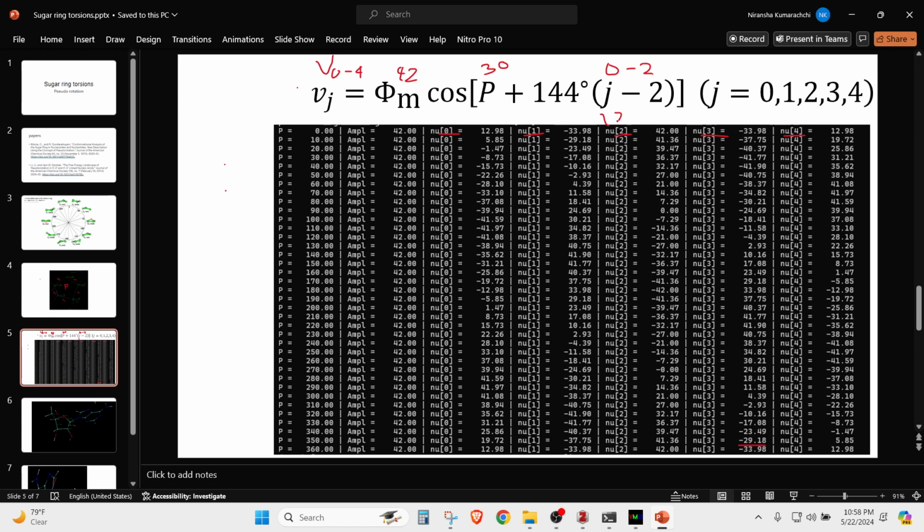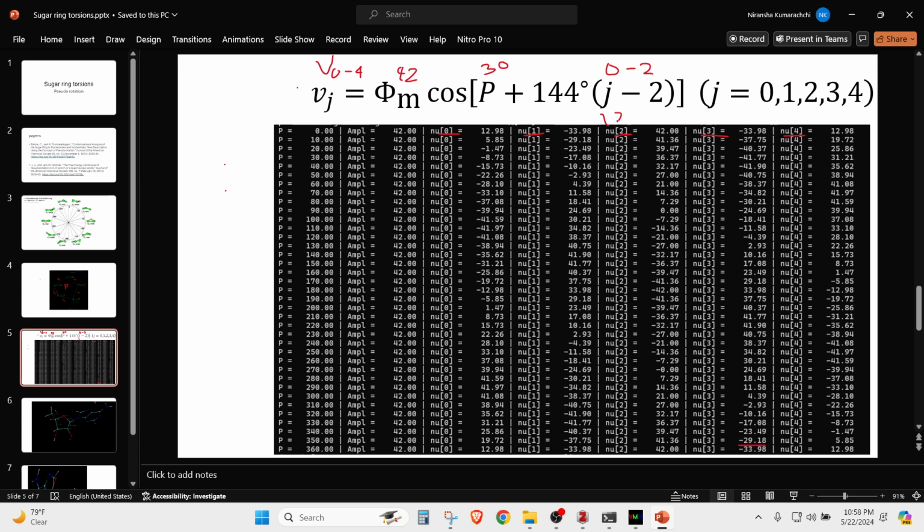And this second paper explains this pseudo-rotation and its behavior. Like when P is equal to 0, it is C3 endo. So this is also visualized here. It's the same thing, but they say this torsion is below the plane, this is on the plane, and this is above the plane, something like that.